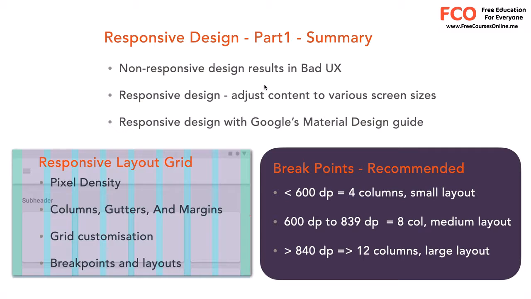So under material design guide, one of the fundamental concepts is responsive layout grid, which is an imaginary grid that we are going to divide our screen into. The grid itself will contain a number of columns, and the grid is going to have margins and gutters, and pixel density is used to declare uniform sizes across multiple screen densities.